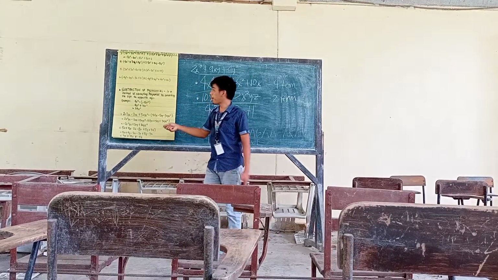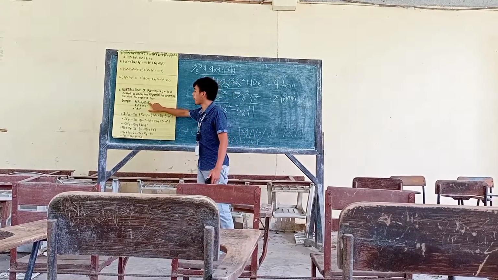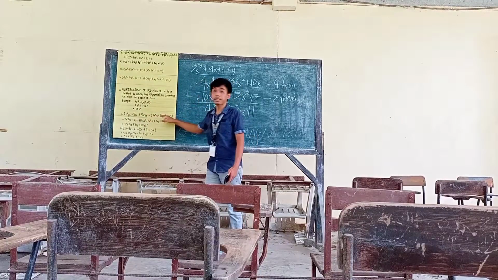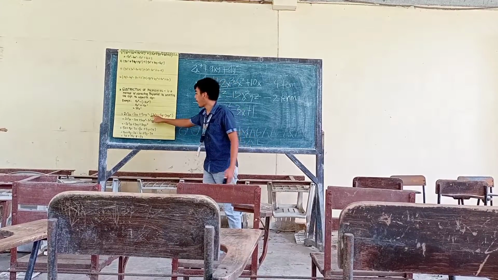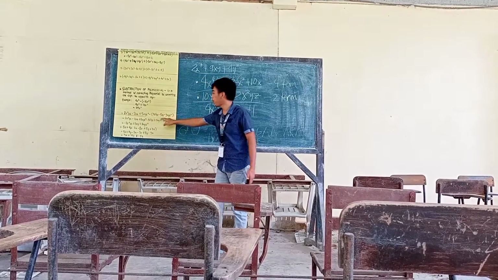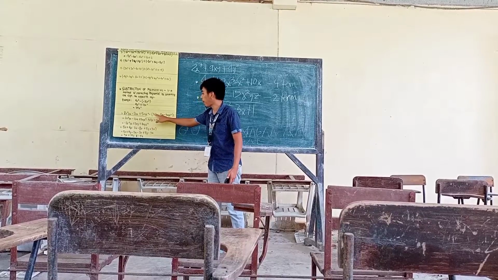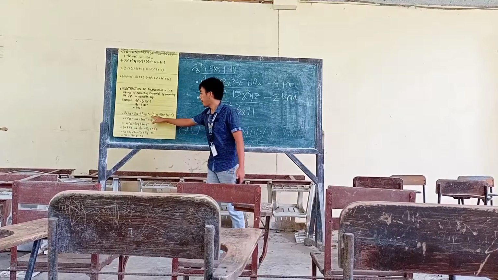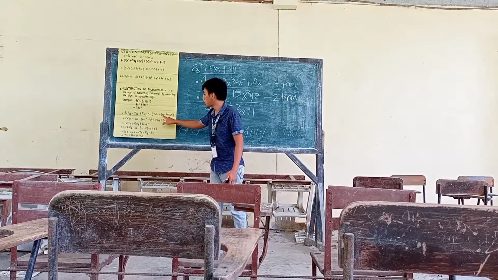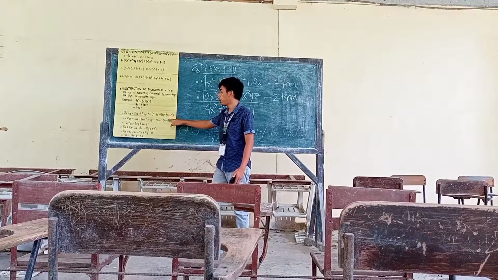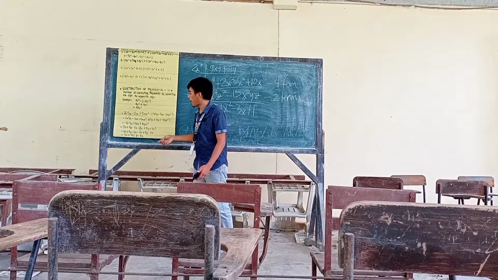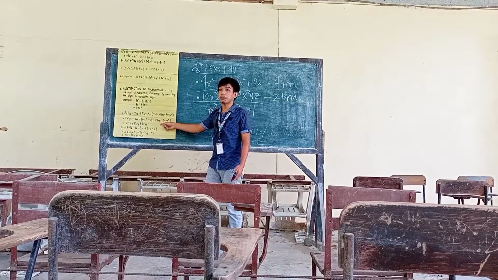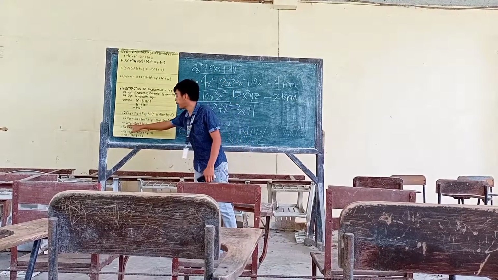In our first example, the negative sign we distribute to every term, so the negative sign distributes into the 4x squared yz, so we can get this expression. And likewise the 5xy and 3xy squared. So using the subtraction of polynomials, we combine and subtract the like terms. So we can get this answer.